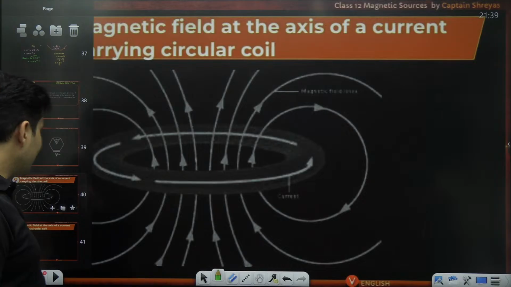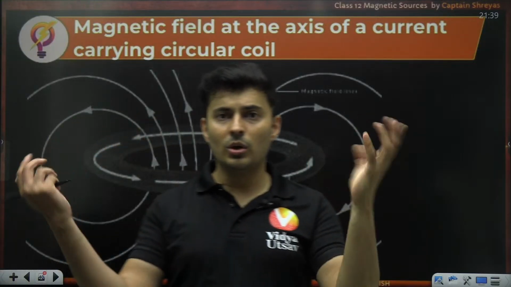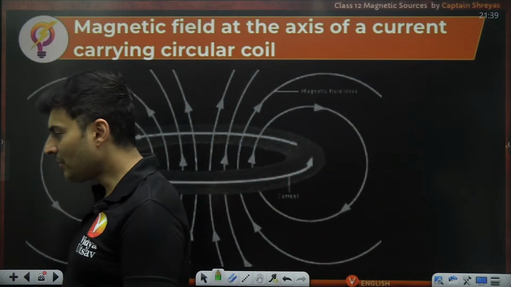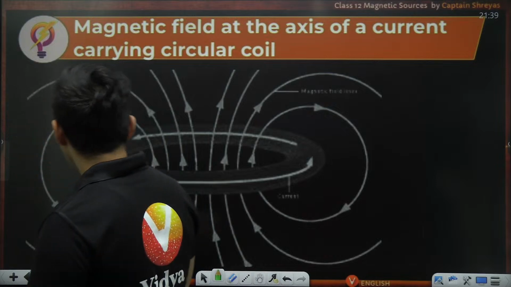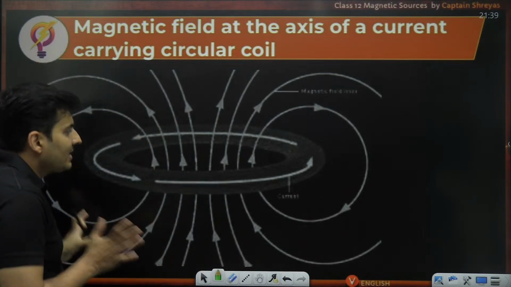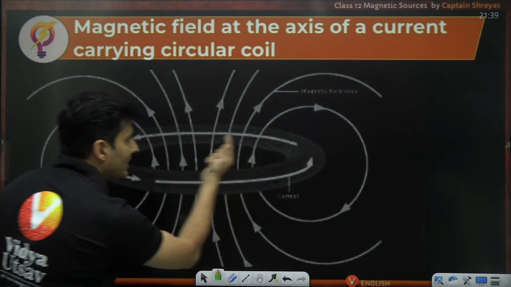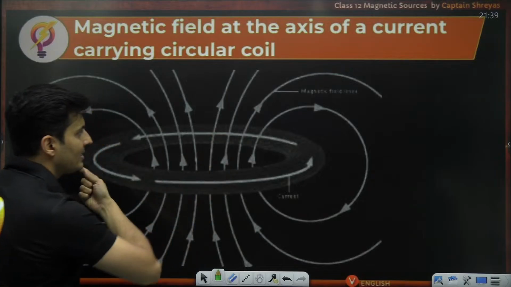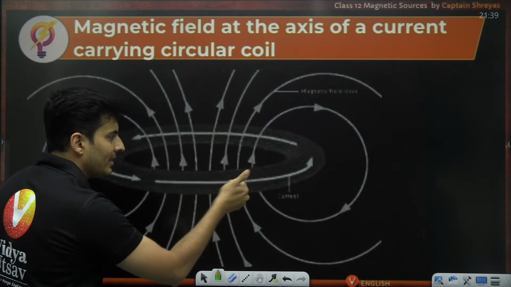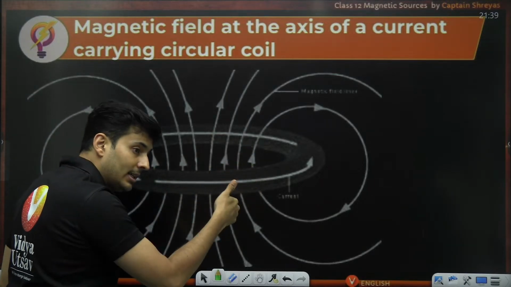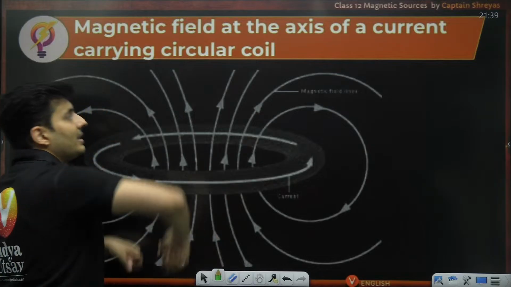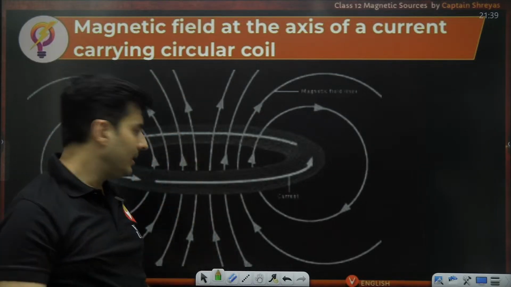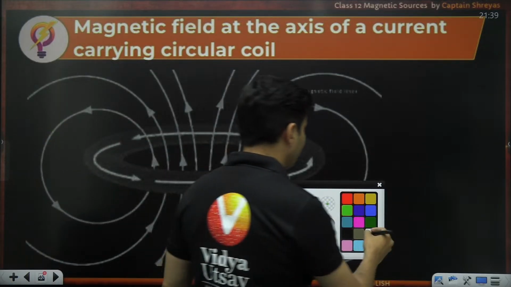Perfect. Now let's go to the last part, which is magnetic field due to a coil carrying current. It's simple. In these cases, if the coil is circular and the current is like this, curl your fingers in the direction of the current. The thumb points in the direction the magnetic field is. Very, very crucial.